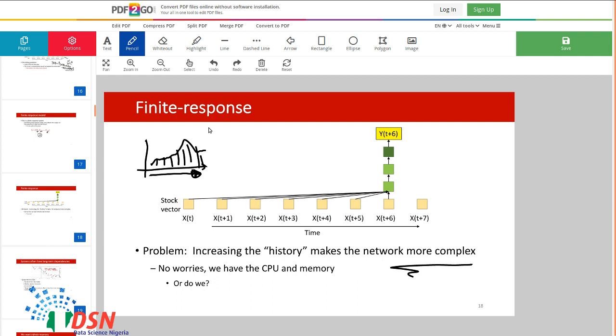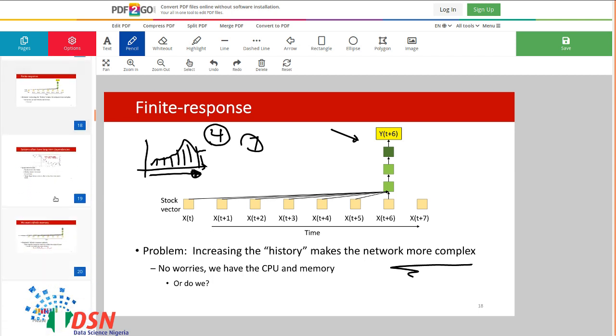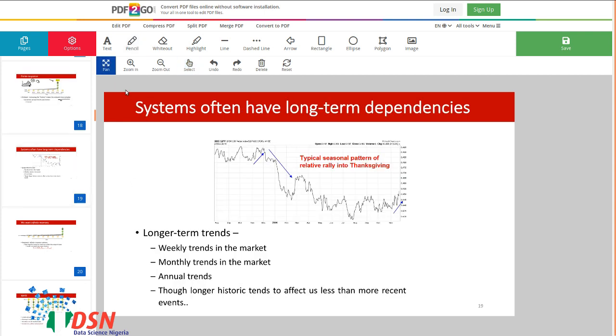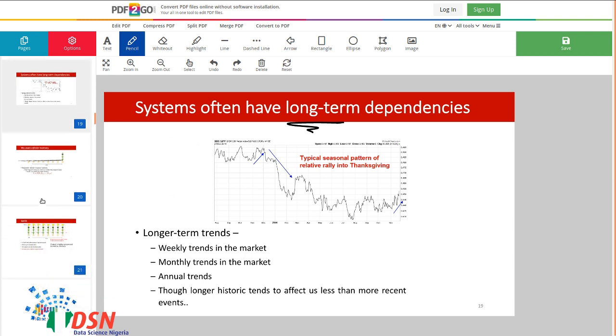In the previous case we considered 4, now we consider 7. It makes the network more complex, so it is kind of hard for this kind of network to consider long-term dependencies, because we need more CPU and memory to do the computations.